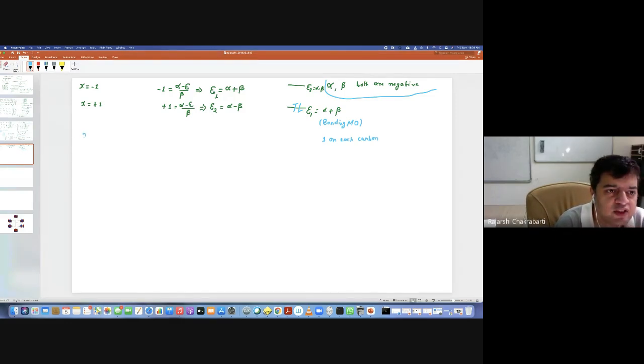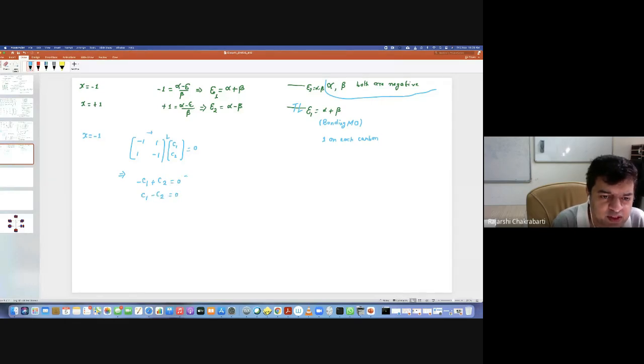So take x equal to minus 1 and put in the equation. This is the matrix minus 1, 1, 1, minus 1 times C1, C2 equal to 0. You know how to multiply matrix. This will give minus C1 plus C2 equal to 0, or C1 minus C2 equal to 0.